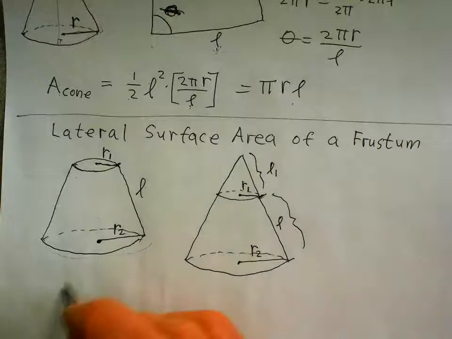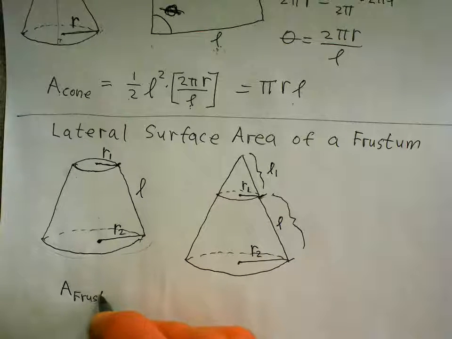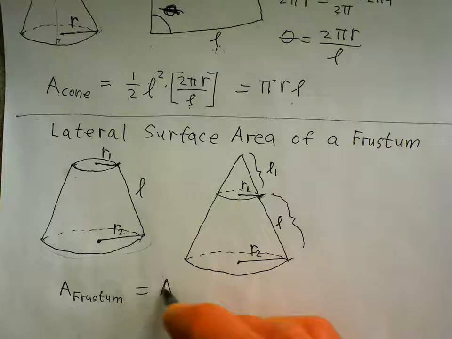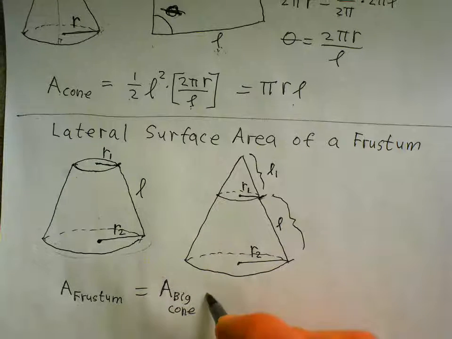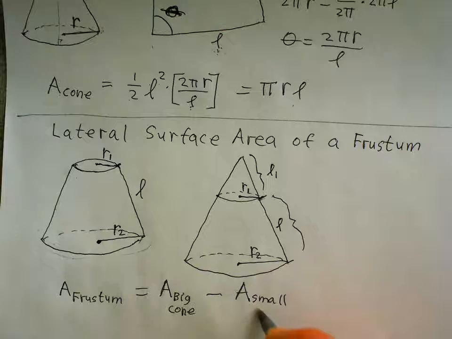So I'll write that down. The lateral surface area of the frustum is equal to the lateral surface area of the big cone minus the lateral surface area of the small cone. Okay, I'll get out another piece of paper, and then we'll write out what this equation is.